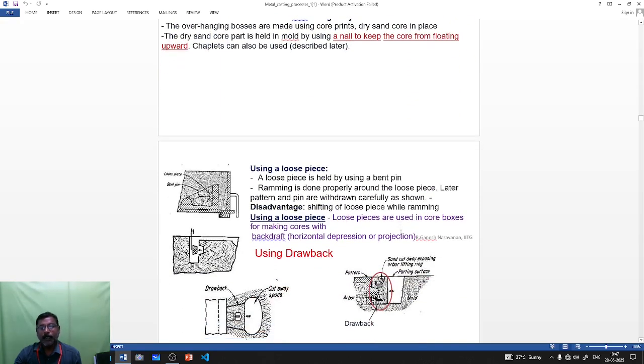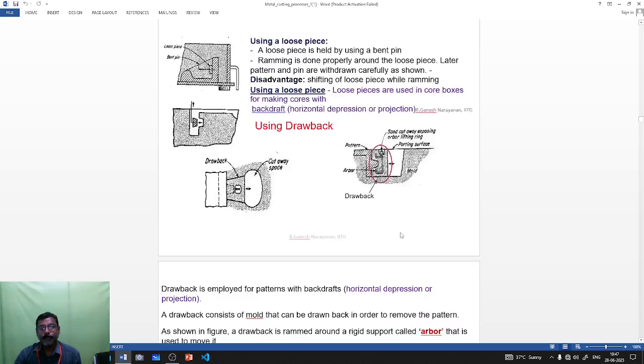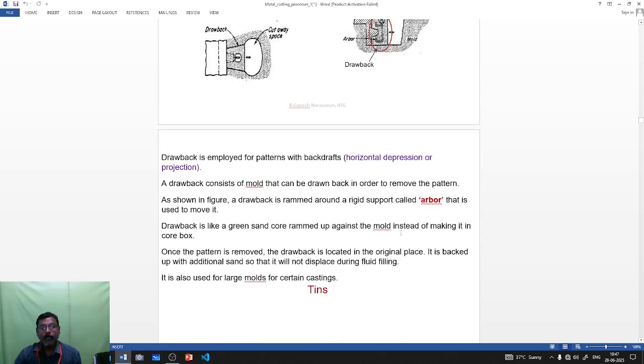Using a loose piece, the loose piece is held by using a bent pin. Ramming is done properly around the loose pieces. The drawback consists of a mold part that can be drawn back in order to remove the patterns.